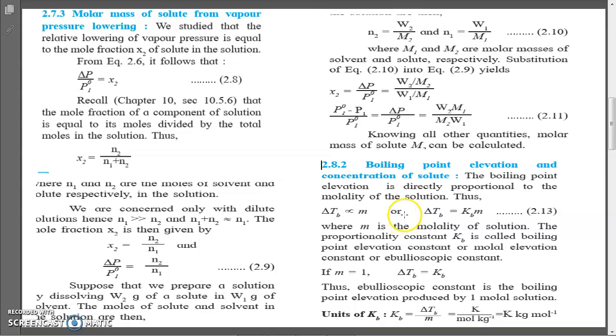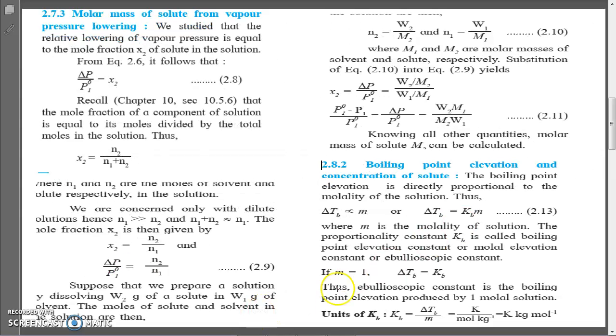Removing the proportionality sign, ΔTb is equal to Kb into m. Here m is the molality of the solution, and Kb is called the proportionality constant, also called the ebullioscopic constant or the molal elevation constant.